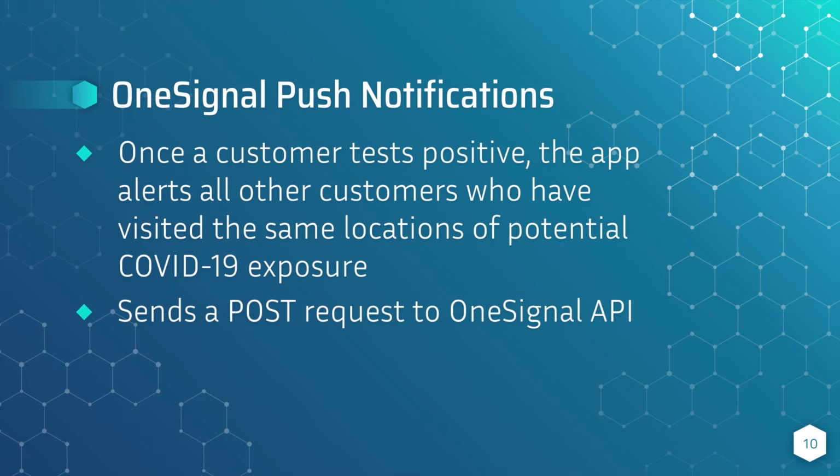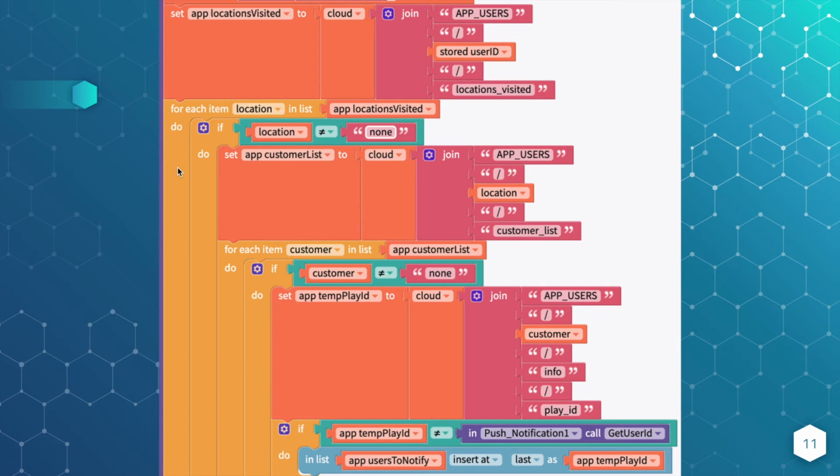In order to send push notifications to the specified users, the app sends a post request to the OneSignal API, and the body of the request contains all of the users who should be sent a push notification. In this slide, you can see the code in Thunkable for the process that I mentioned previously.